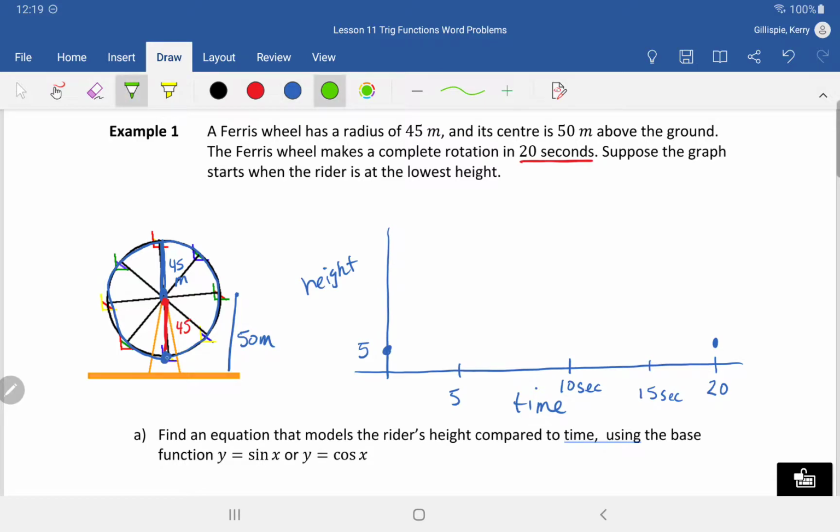If we follow this rotation around to the 10-second mark, they should be at their max, which in this case would be the 50, which is the center axle, plus an additional radius of 45. So 50 plus 45, their max is going to be at 95. And that's going to be at 10 seconds.